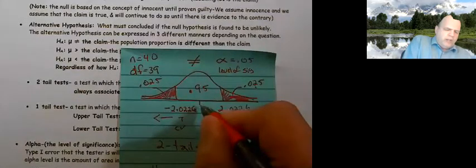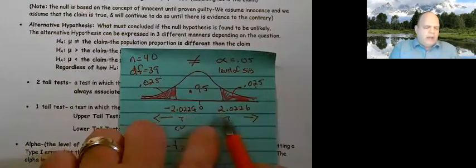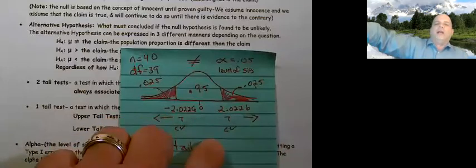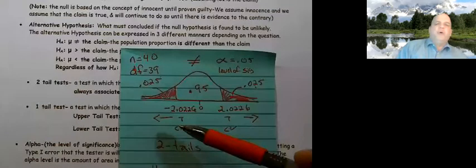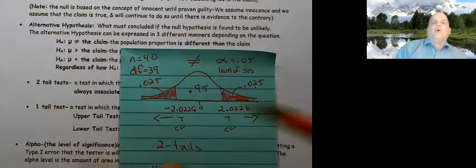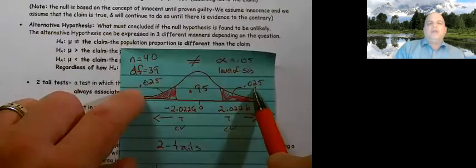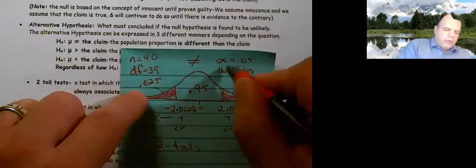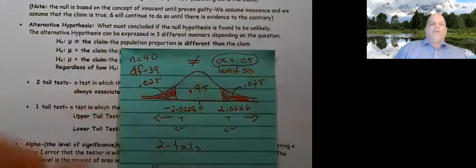And remember, the t is centered at 0. So anything as extreme as 2.0226 and further to the right, I reject. Anything less than negative 2.0226, I'm going to reject. Or I can look at my p-value and compare it to 0.05. And please remember, we're going to be comparing p-values to the alpha level.